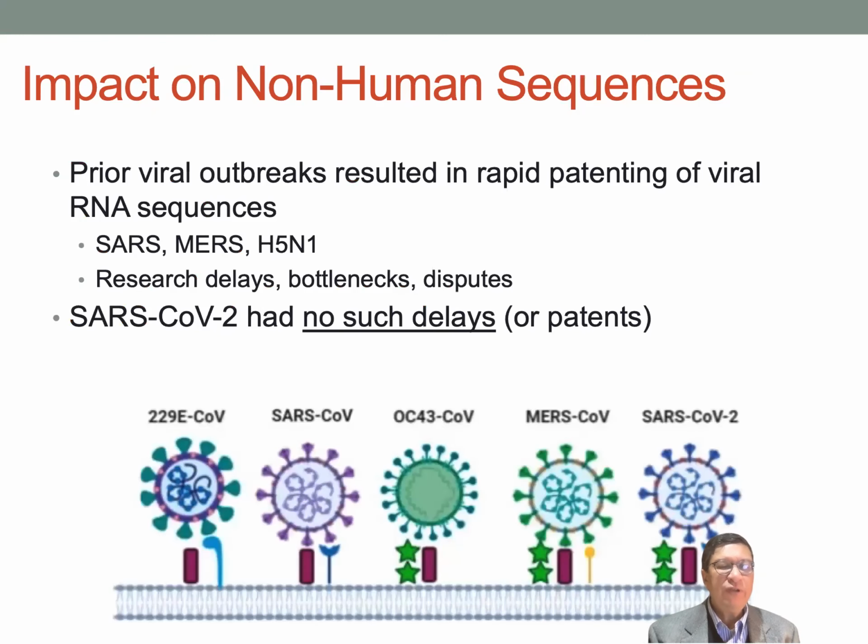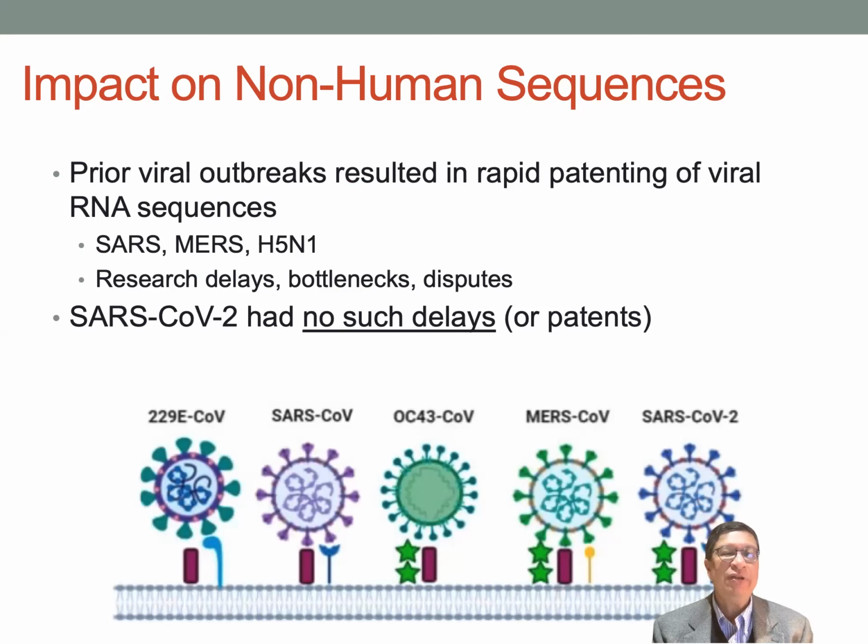There's also another very important impact that the Myriad case had, and that's on non-human genomic sequences. So if you think back to the earlier disease outbreaks of SARS, MERS, and H5N1 influenza, all of those viral genomes were patented very soon after they were discovered. This caused various delays in research, reluctance in collaboration, research bottlenecks, and disputes.